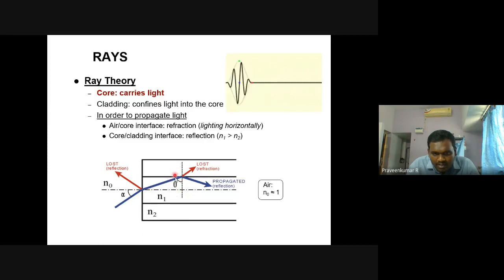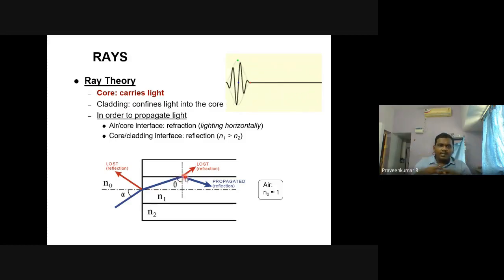This is N2 and this is N1. The core-cladding interface deals with reflection, and the air-core interface deals with refraction. This is air and this is core. So light inserted from air to core deals with the refraction, and the core-cladding interface deals with reflection.